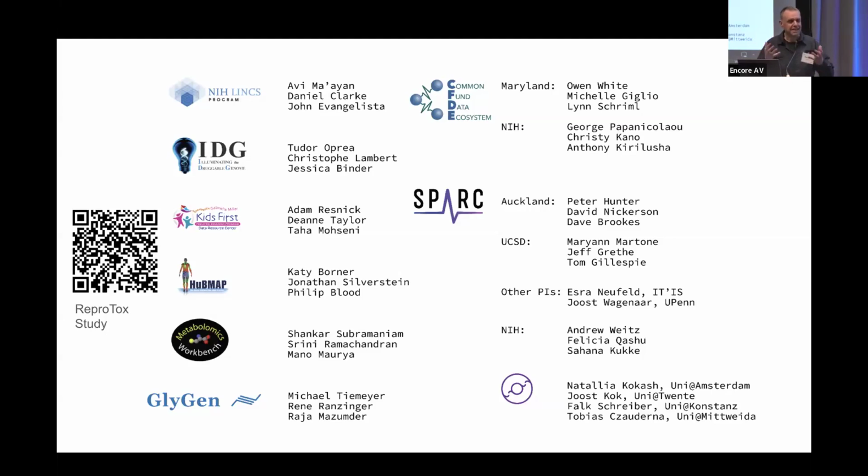It would be impossible to mention all Common Fund projects. There are other Common Fund projects, but the ones that I highlighted are the ones that have an agreement to share resources with the Common Fund data ecosystem. So I cannot be eloquent about that particular project. I do not know much about it, but would love to know more.